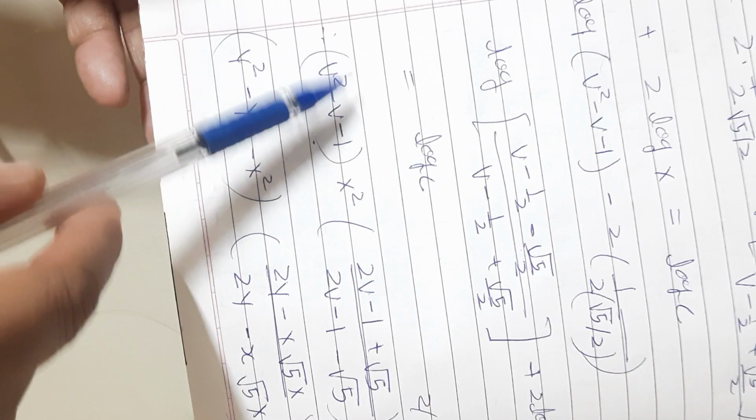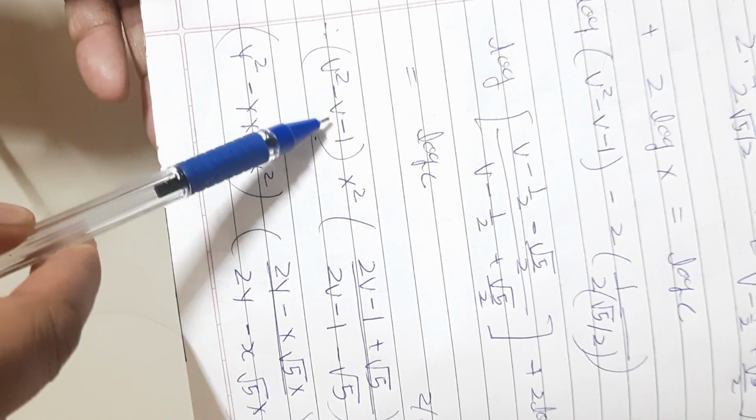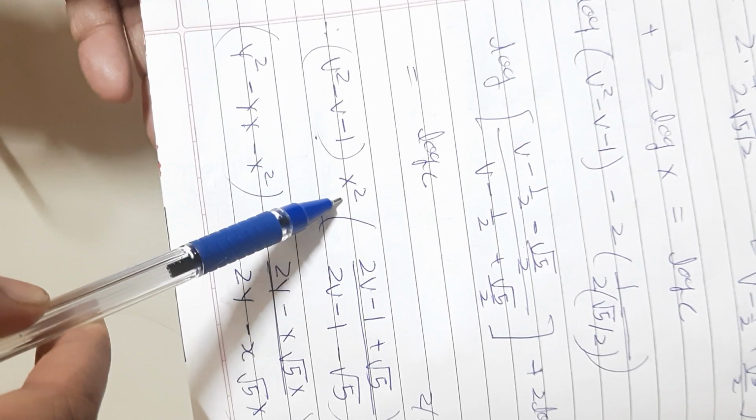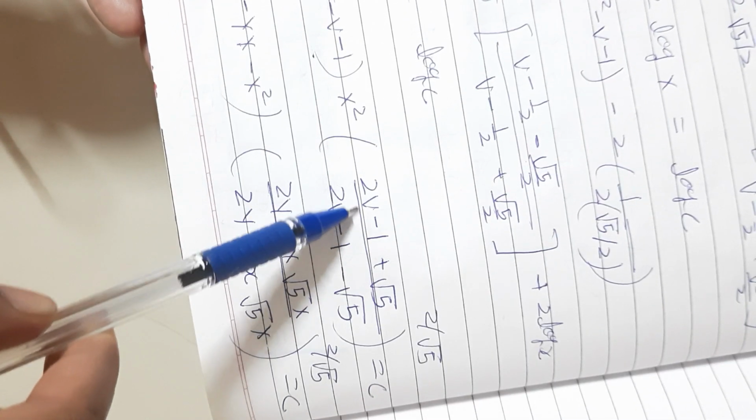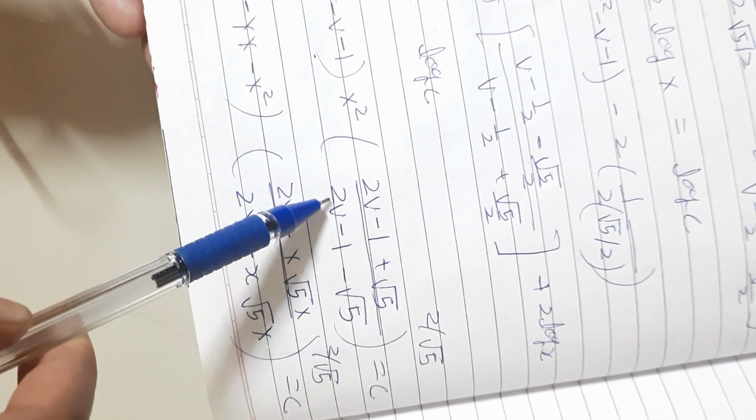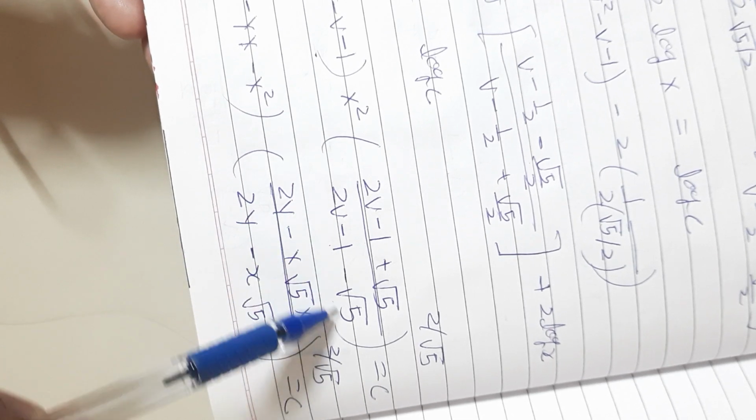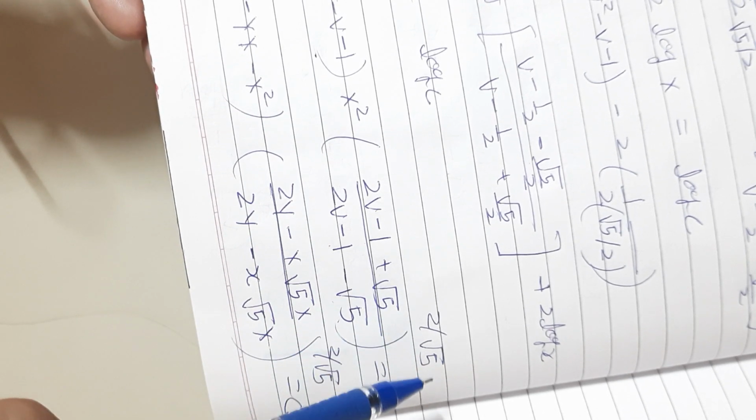Then, therefore, (v square minus v minus 1) into x square into ((2v minus 1 plus root 5) upon (2v minus 1 minus root 5)) raised to 2 by root 5.